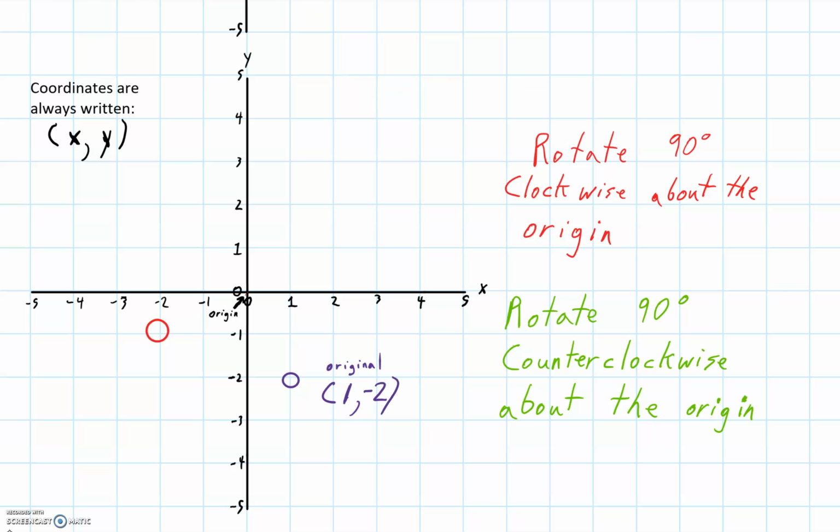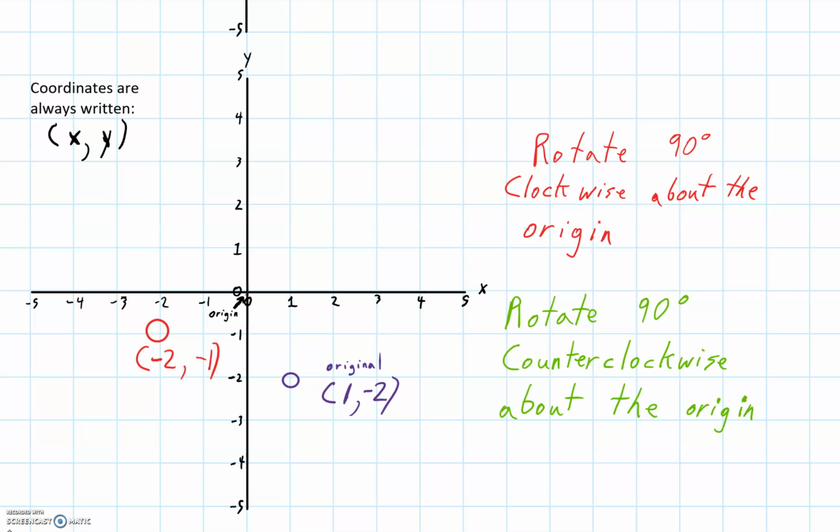And you're going to see that our red shape seems to have the same numbers, but kind of different. So our x is -2, and our y is -1. So there is some relation, but they kind of flip and go negative. So I wouldn't focus on it this way. I would focus on just thinking about it visually.